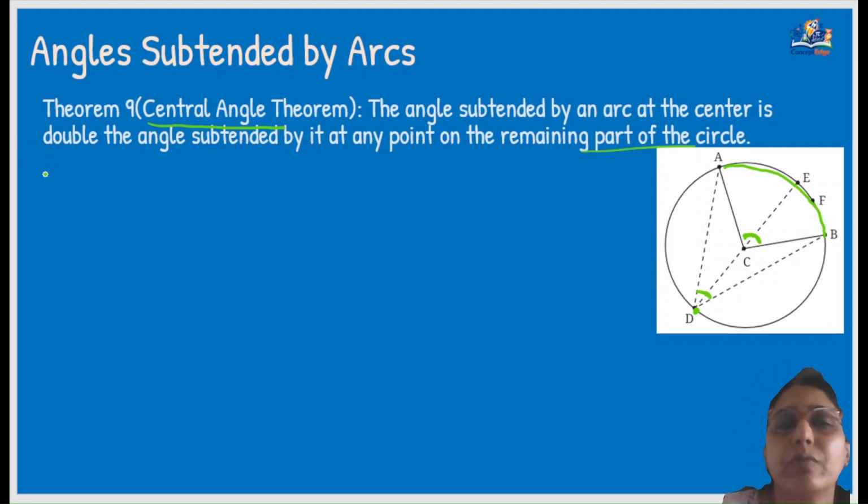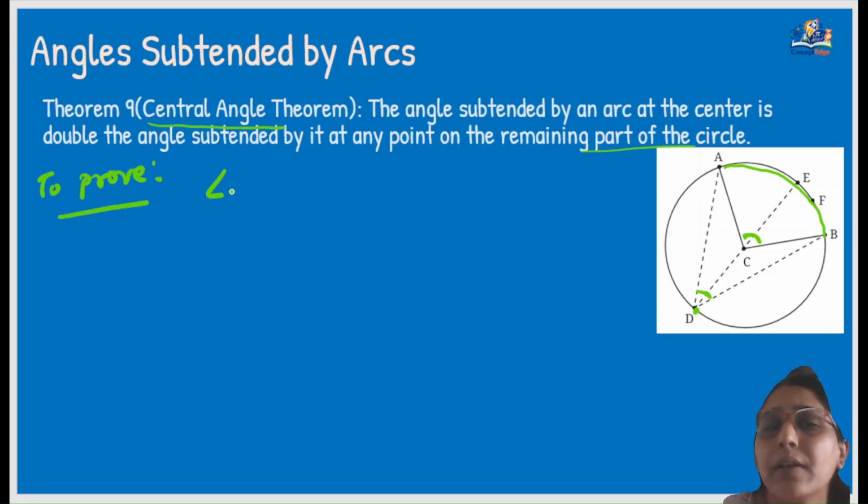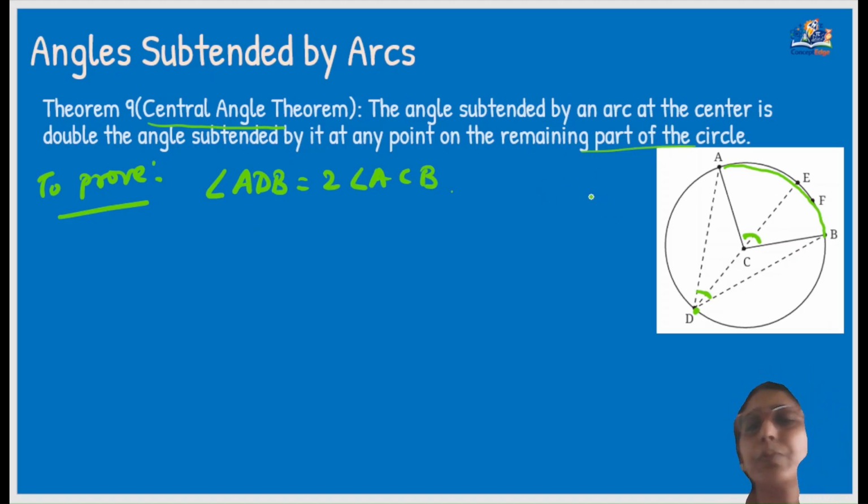Now we have to prove that this angle ADB is double of angle ACB. Alright, to prove it, let's understand this. If I take this triangle, this is an isosceles triangle, so this angle and this angle, both are equal.